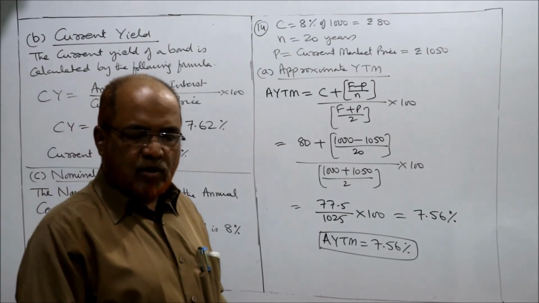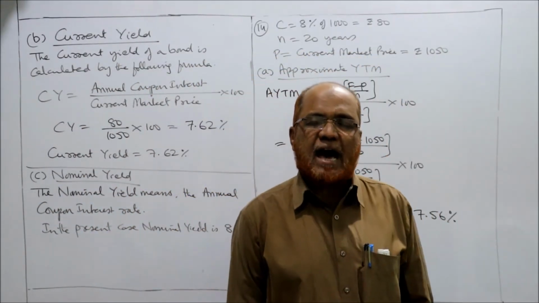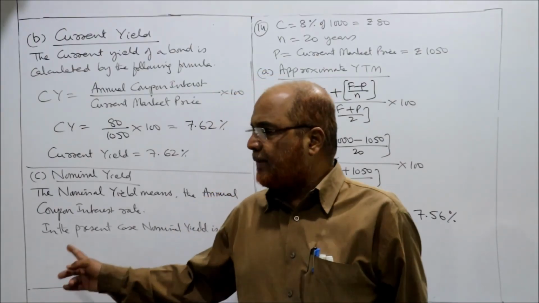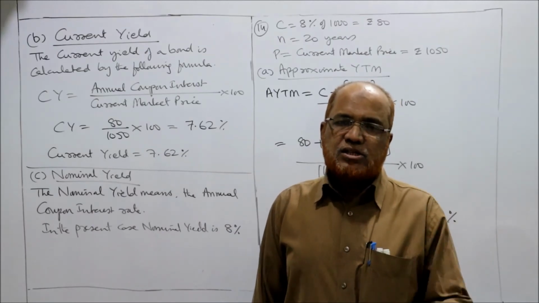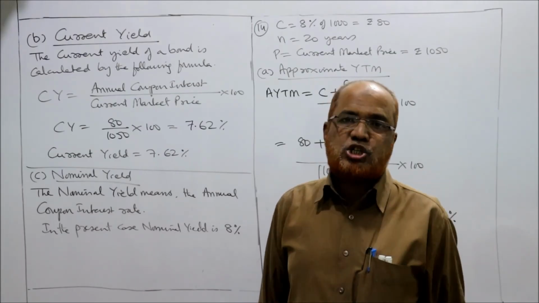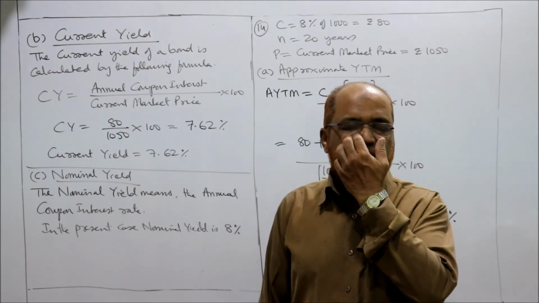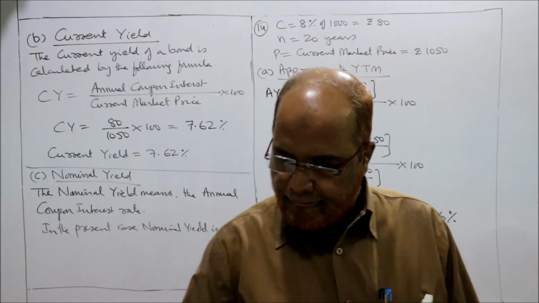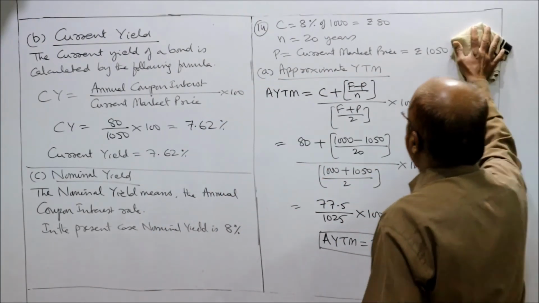So for nominal yield, no formula is needed. Whatever coupon rate of interest, annual coupon interest rate is given, that annual coupon rate itself is called the nominal yield, nominal rate of interest. This nominal rate of interest will remain fixed every year. It is decided by the issuer of the bond at the time of issue. Once nominal rate is fixed, it will be fixed throughout the life of the bond. This is problem number 14.